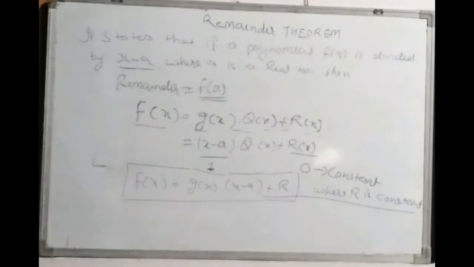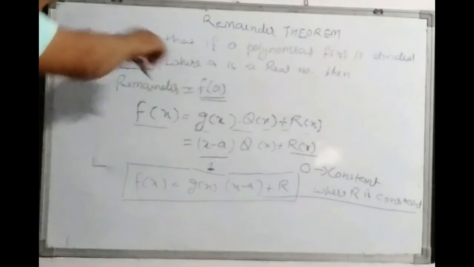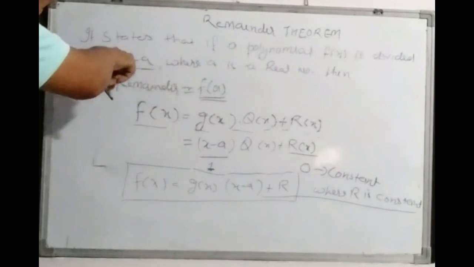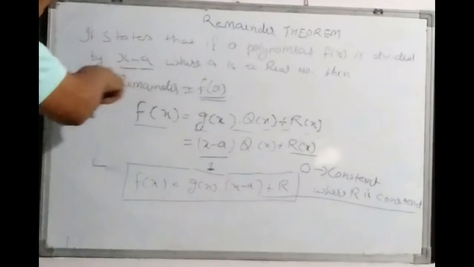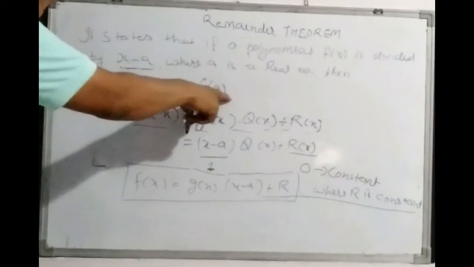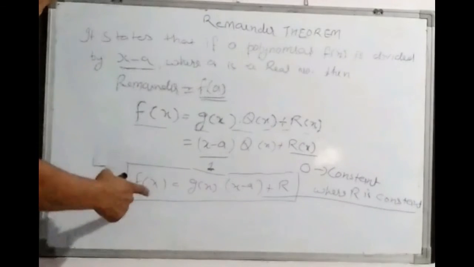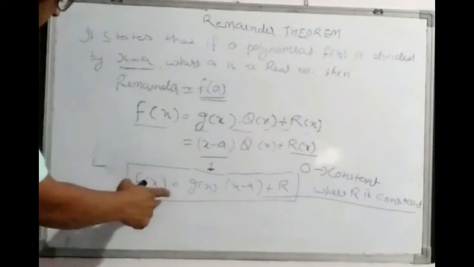Now what does the remainder theorem say? It states that in case of f(x) divided by x minus a, the remainder is equal to f(a). Let's try to find out f(a) from this expression.